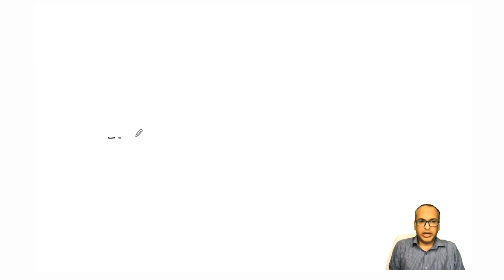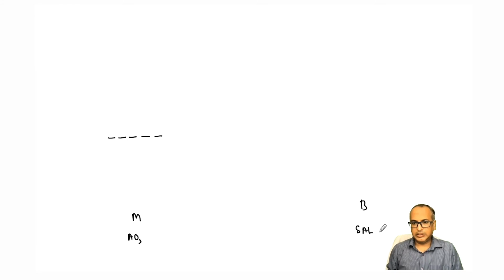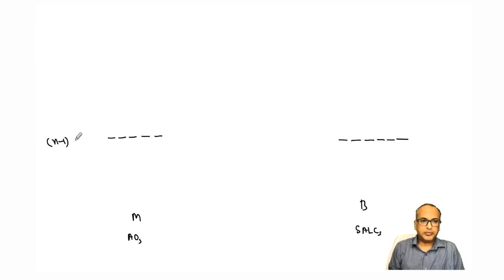Let's start with the metal and the atomic orbitals, and the SALCs. So you have 6 SALCs here, and these are the n-1 d orbitals, which will have an EG set and a T2G set.